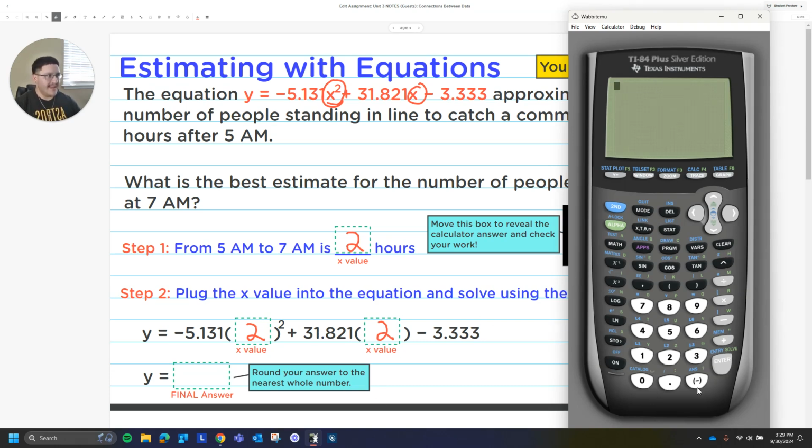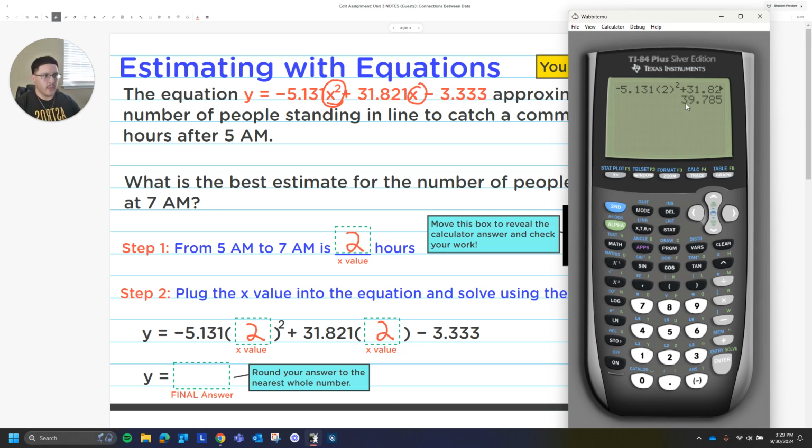So I'm going to type in negative 5.131, parentheses 2 squared, plus 31.821, parentheses 2, minus 3.333.